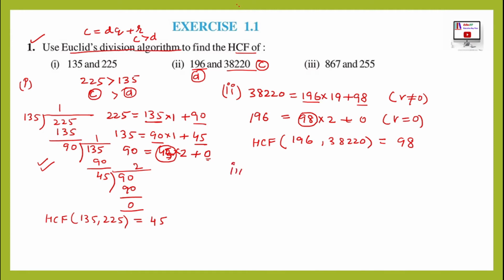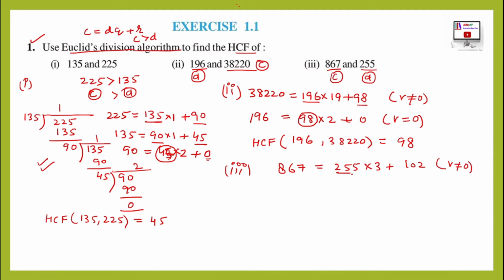पार्ट 3 में दो नंबर दिए हुए हैं 867 एंड 255. यहाँ पर 867 is greater than 255, so this will be the C and this will be the D. So C can be written as C is equal to DQ plus R. So by long division we can have this step. 867 is equal to 255 into 3 plus 102, as this R is not equal to 0 at this stage.